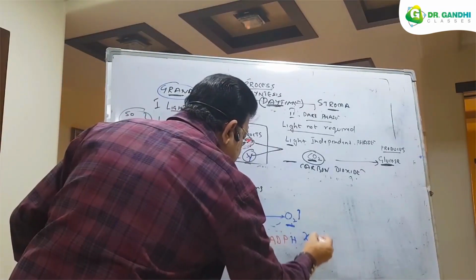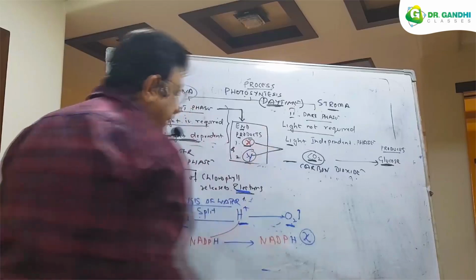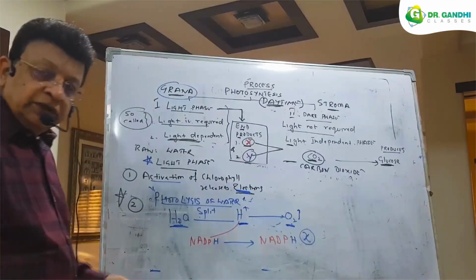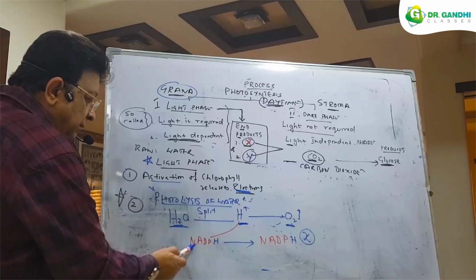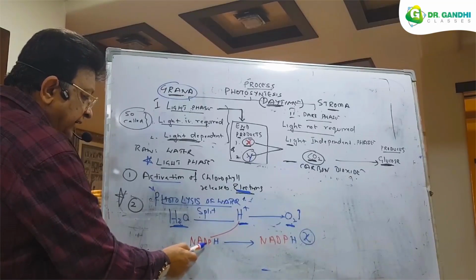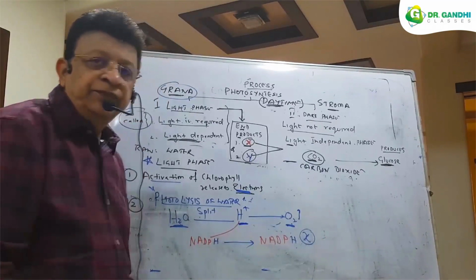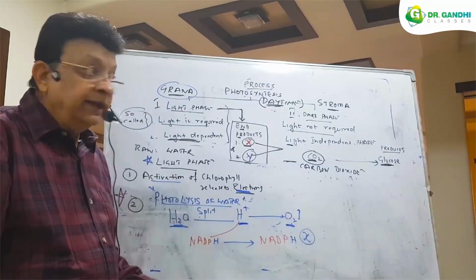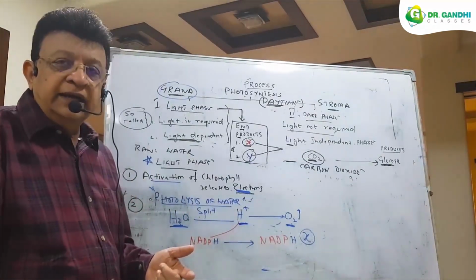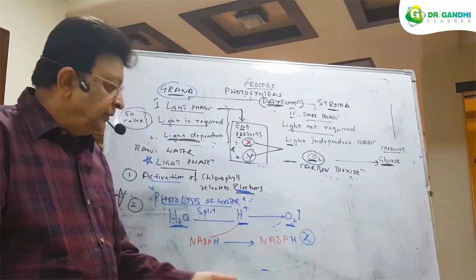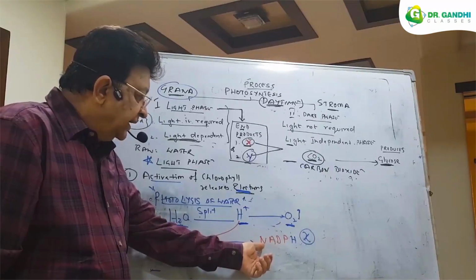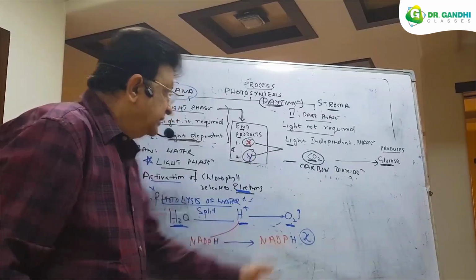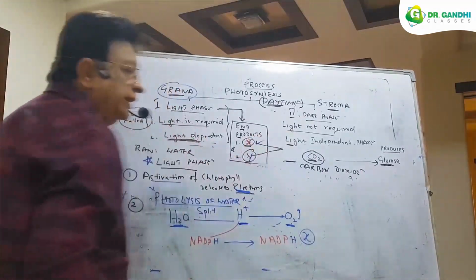This is the first compound which I was talking about, X. I will tell you the expansion of NADP: nicotinamide adenine dinucleotide phosphate, to which when you add hydrogen, it becomes reduced NADPH. The first compound we have already got.